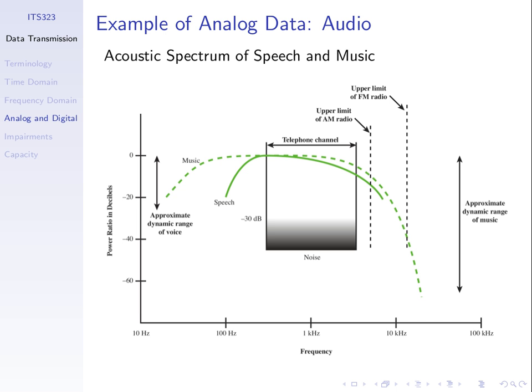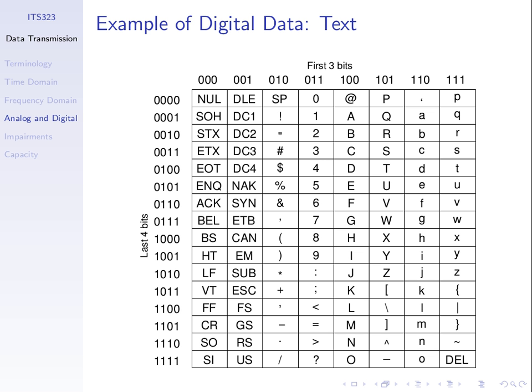So audio is one example of analog data, video as well, and there are other examples, sensor data and so on, but continuously generated or varying data. Digital data: text, bits.